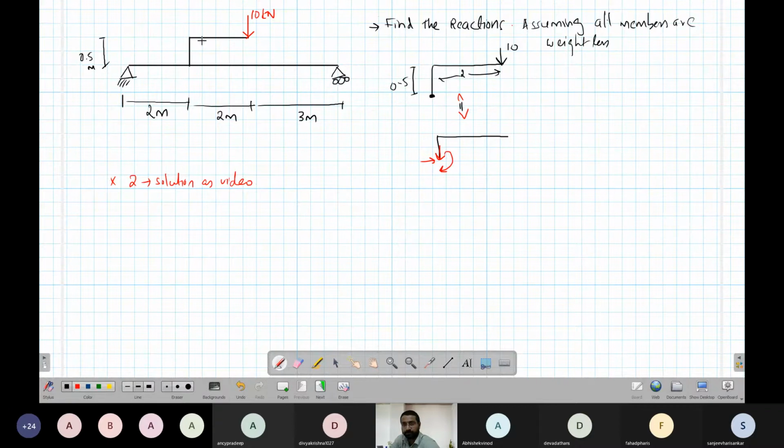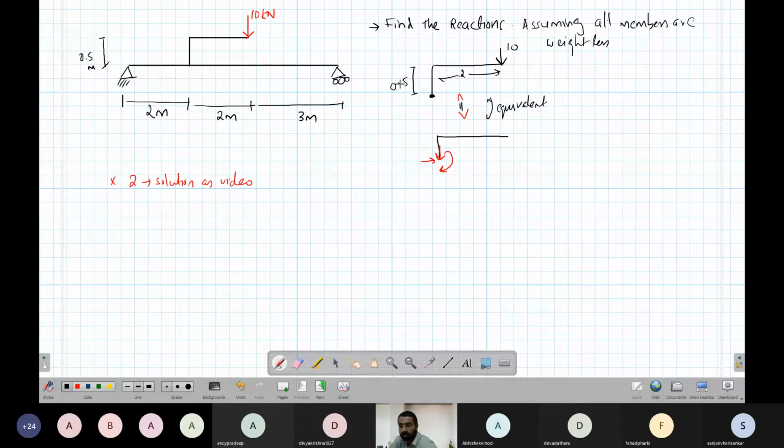So this is my arrangement: 2 meter, 0.5 meter, 10 kilonewton. We have to transfer this to some other point here. These two should be equivalent.